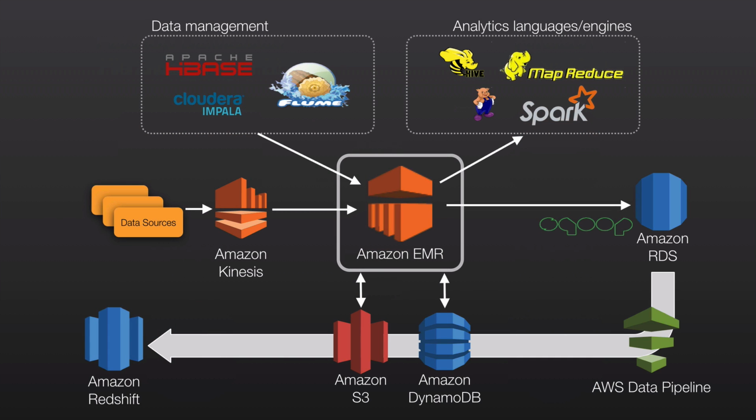You'll see that EMR sits at the center of an ecosystem with those data storage options at the bottom, and then a variety of different Hadoop ecosystem tools sitting above the service, as you can see in this chart here, and we'll come to some of those ecosystem tools in a few minutes.